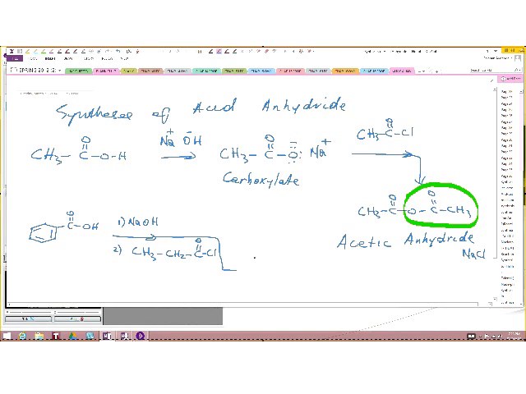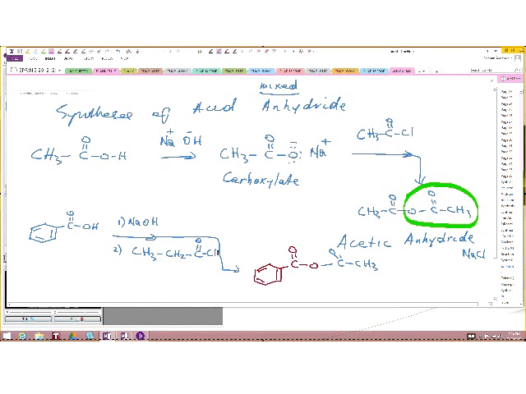So now what do we get? We get this mixed anhydride.